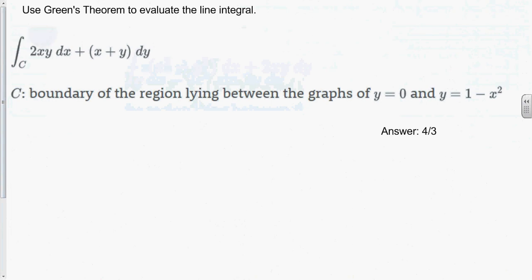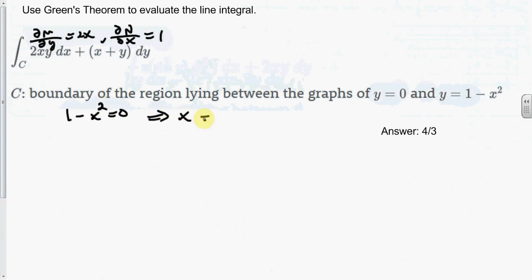So you get those partials. The partial of m with respect to y is 2x, and the partial of n with respect to x is 1. For the region, I get y equal to 0, y equal to 1 minus x squared. I set both equations equal. So doesn't that imply when you solve for x, you get x equal to plus or minus 1?